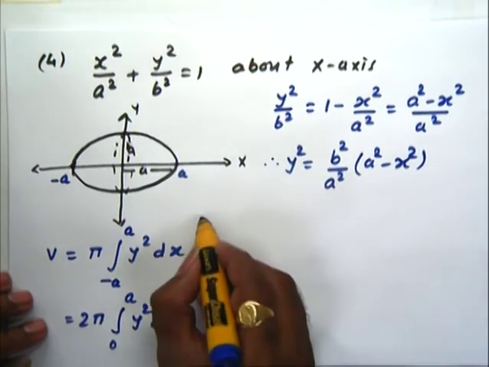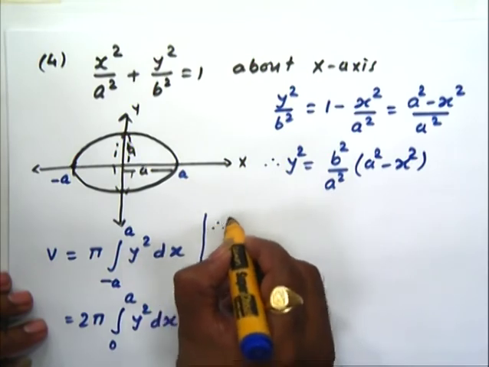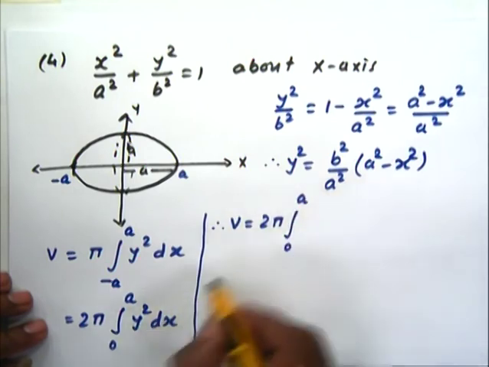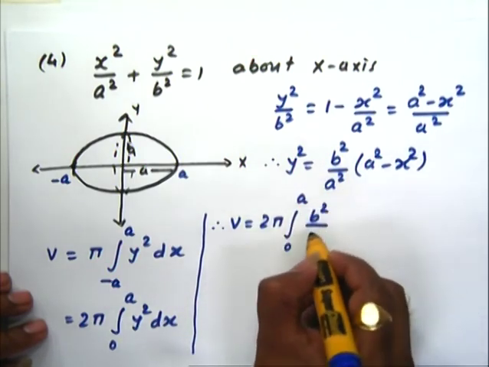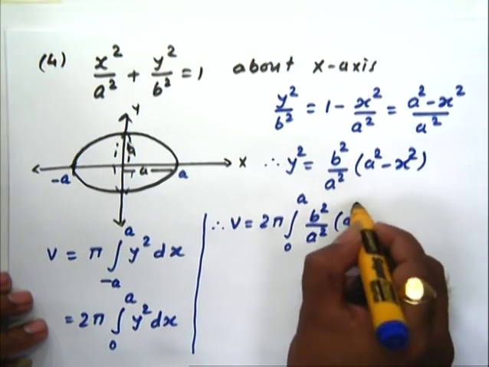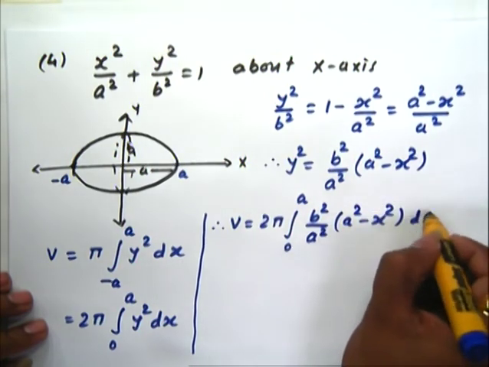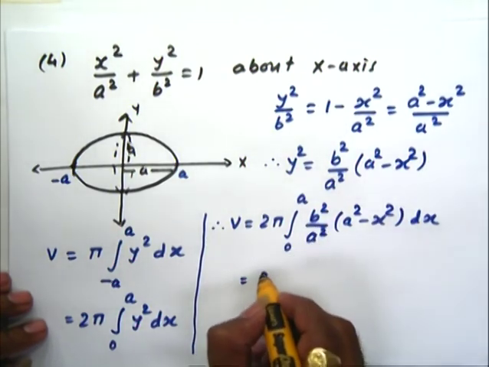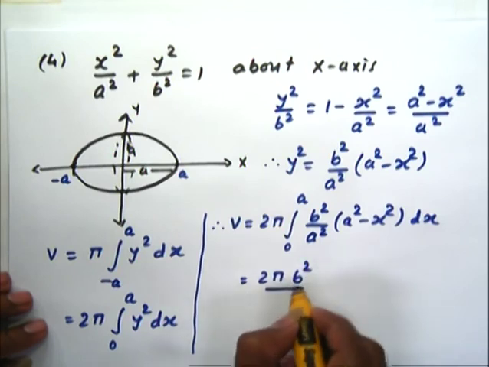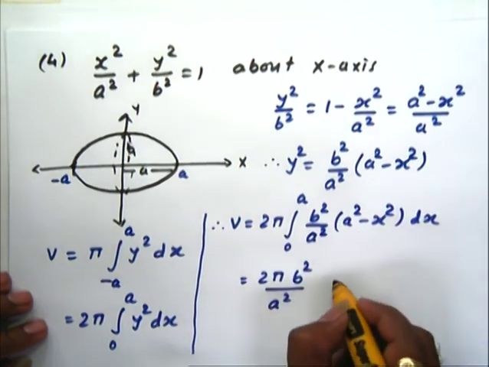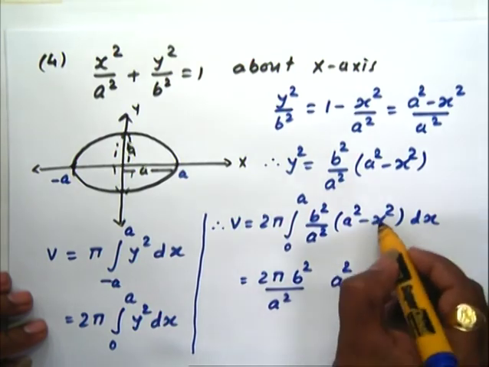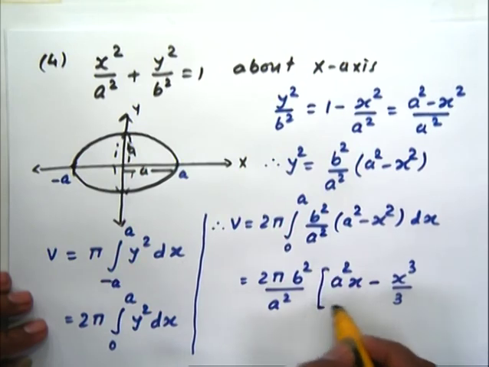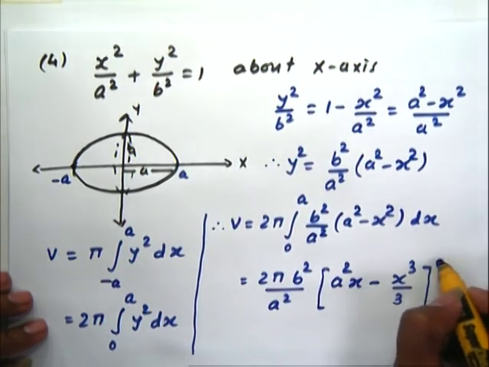Okay, therefore V equal to 2 pi integration 0 to a, what is y square? Y square is b square upon a square into a square minus x square dx. b square upon a square is constant, so 2 pi b square upon a square, and integration of a square is a square x, minus x square is x cube by 3, from 0 to a.